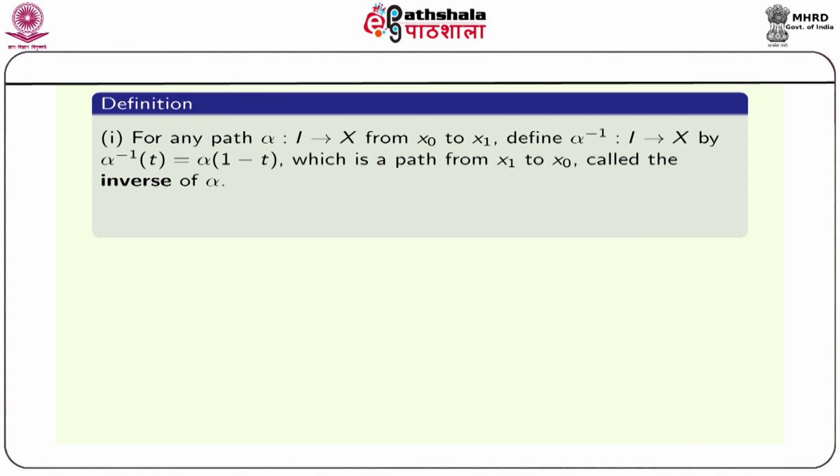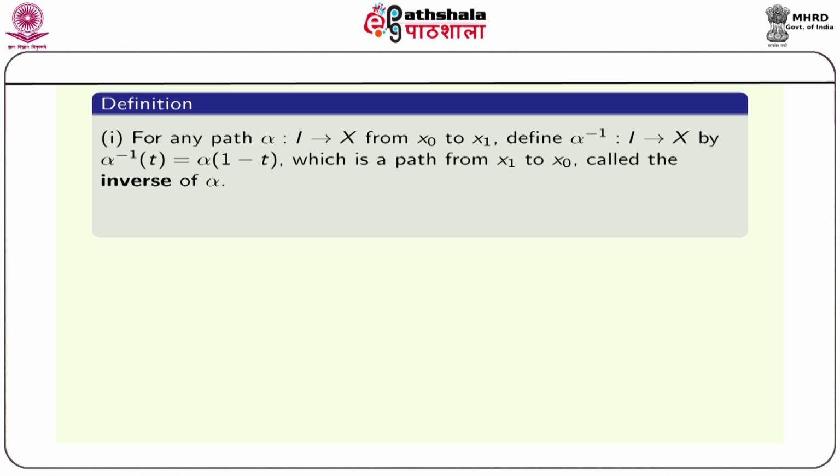Now, we define a path which traces back alpha. What do we mean by that? Suppose alpha is a path from the closed interval 0 1 to X, which starts from x0 and ends at x1. Then we want to define a path which starts at x1 and ends at x0. So, we define alpha inverse by alpha inverse t is equal to alpha of 1 minus t.